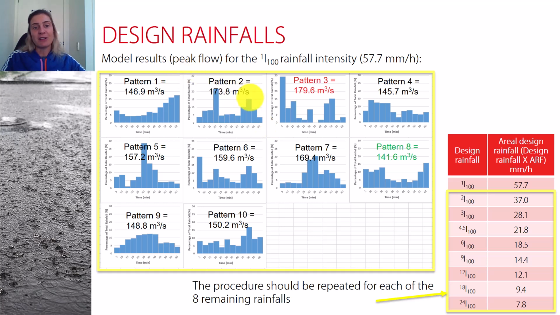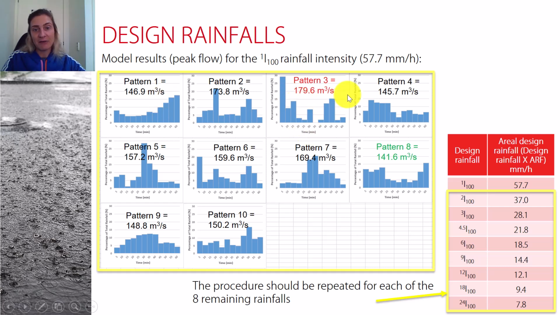So the model results will be the peak flow for each of these simulations. So let's assume that these discharges here are the peak discharge for each of the patterns.